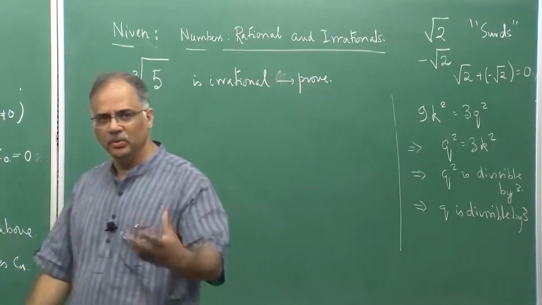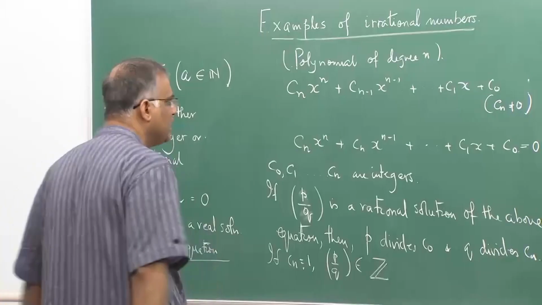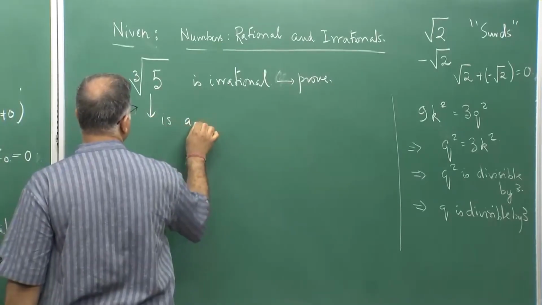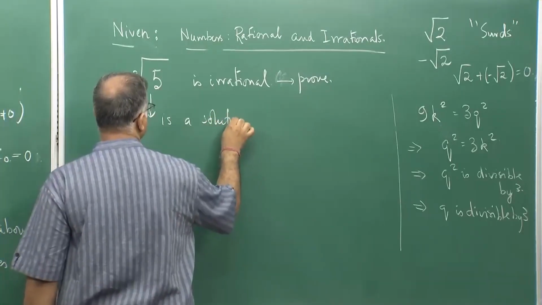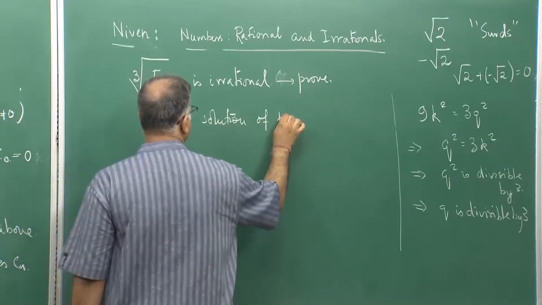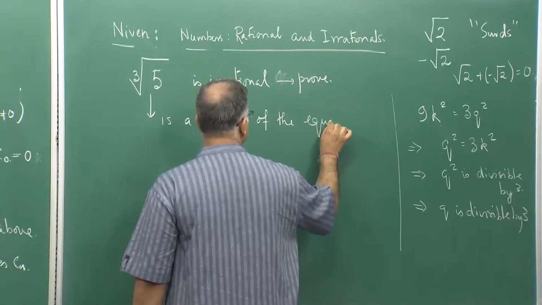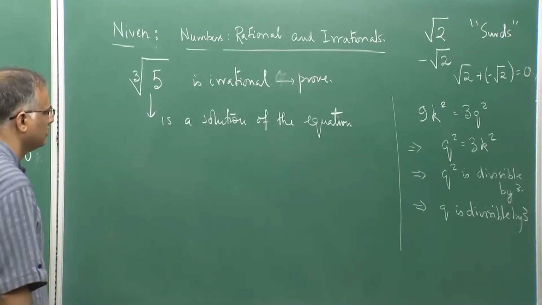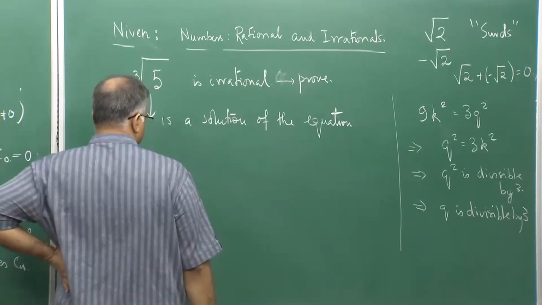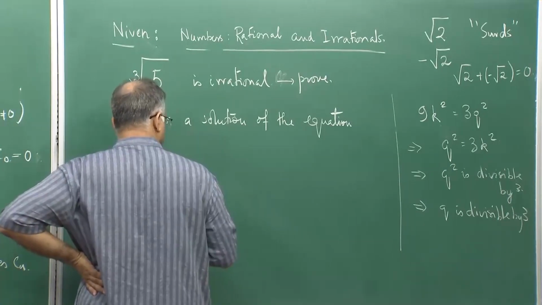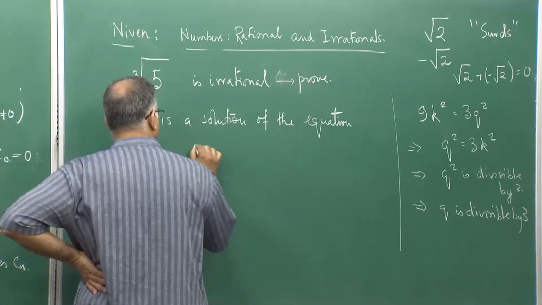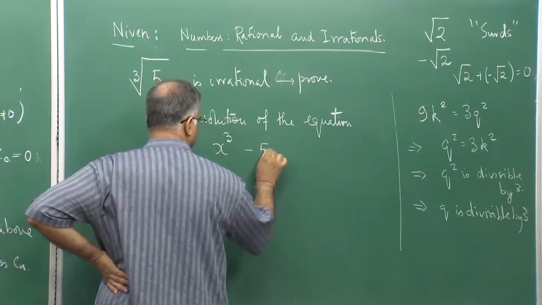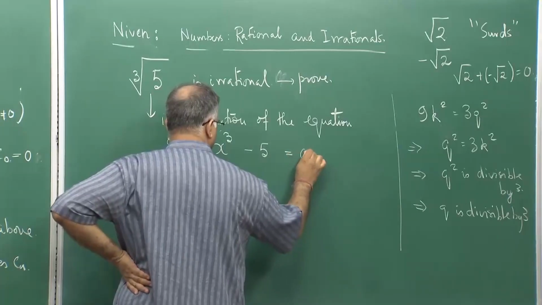This simple idea can be beautifully used here, because I can now write that this is a solution of the polynomial equation of degree 3, x cubed minus 5 is equal to 0.